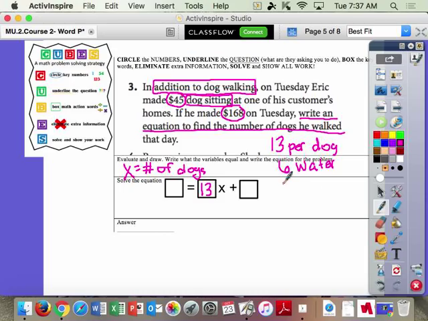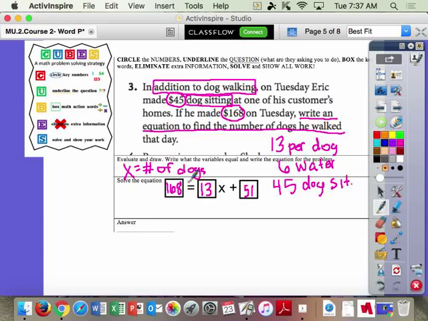Now, here's the thing. He charges $6 for water, and he made an extra $45 dog sitting. So, 6 isn't going to go here. 45 is not going to go here, but it needs to be the sum of both. So 6 plus 45 equals what? 51. And then we'll have 168 over here.